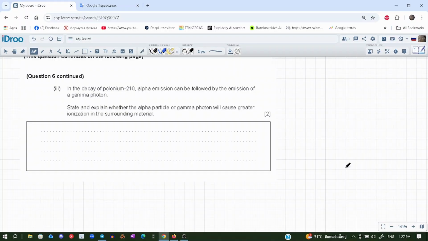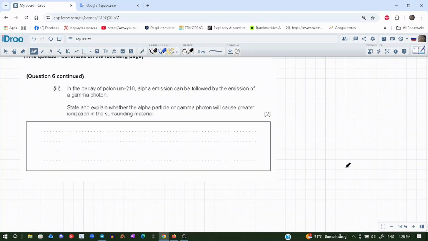So it interacts pretty strongly with electrons in atoms via Coulomb forces. It loses its energy over a short distance, right? And a gamma photon is uncharged and interacts only indirectly with matter, like the photoelectric effect and Compton scattering. So it's much less ionizing per unit path length, but it's more penetrating.